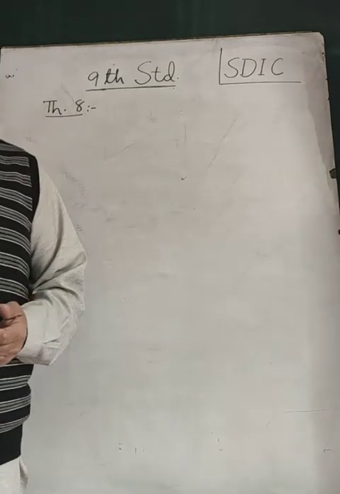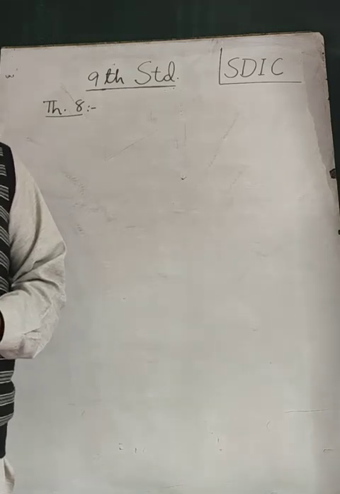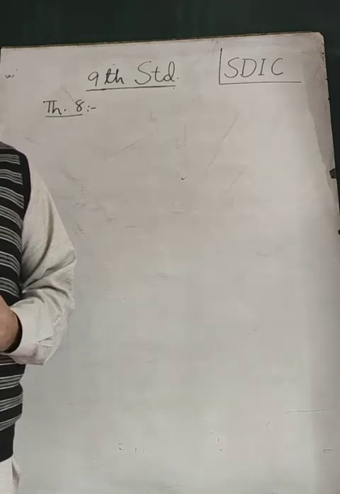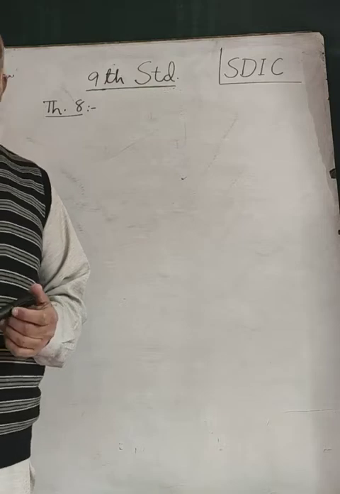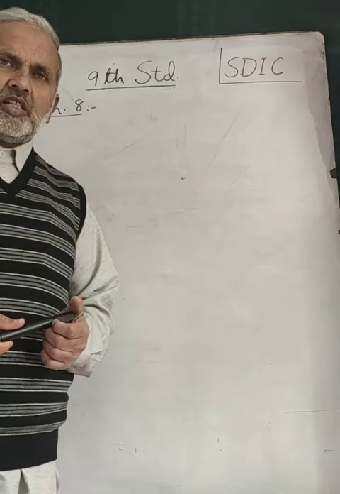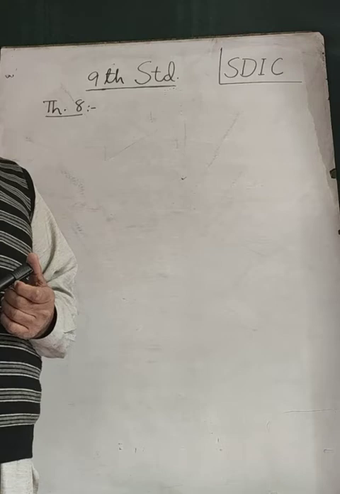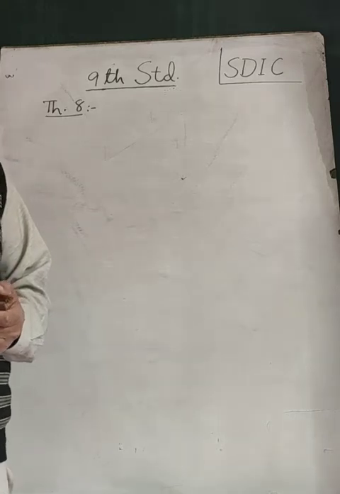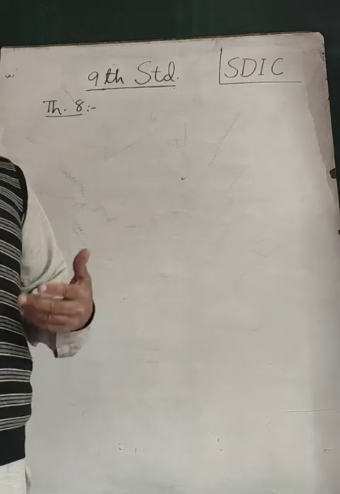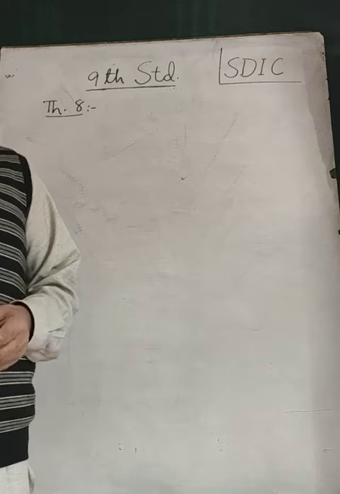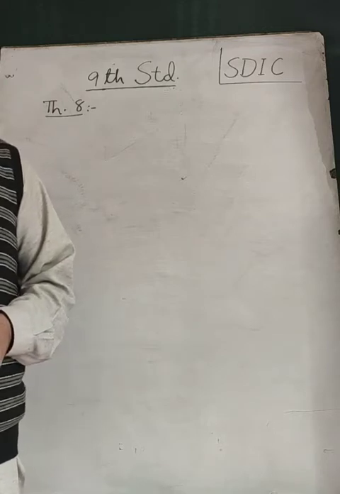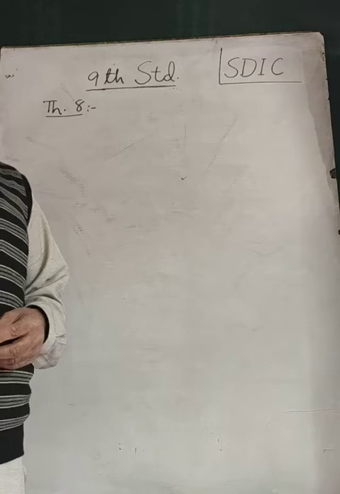I will read the statement of the theorem. It is: the sum of any two sides of a triangle is greater than the third side. A triangle has three sides. The statement says sum of any two sides. Out of the three you have to choose any two and add them. Sum of any two sides of a triangle is greater than the third side. That is the result to be proved.